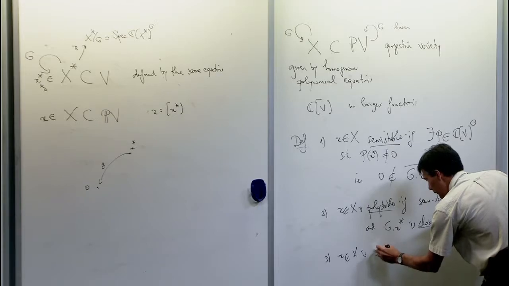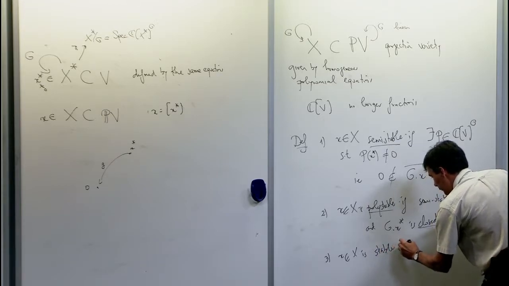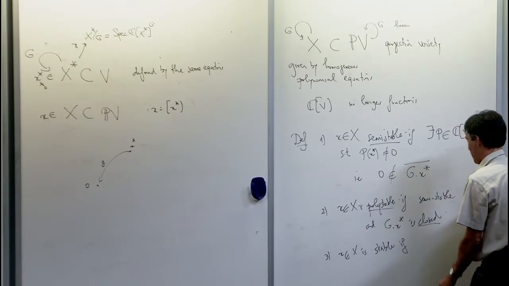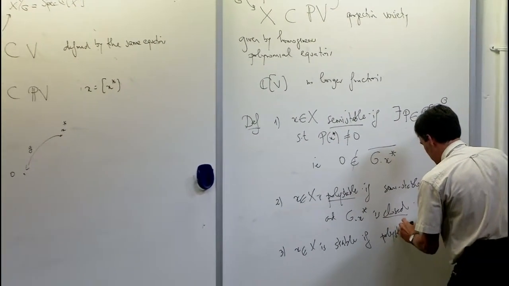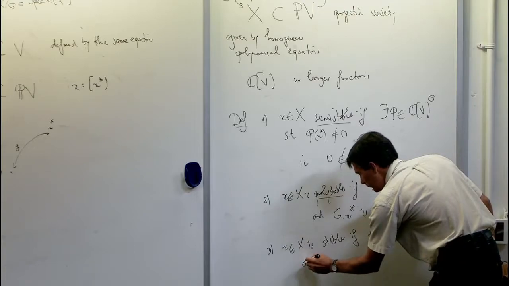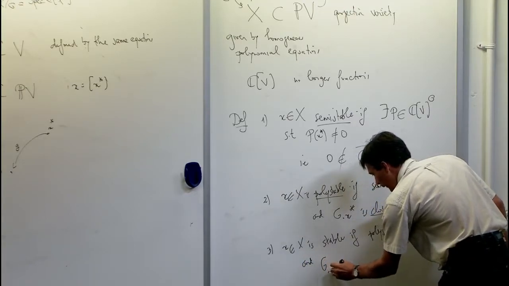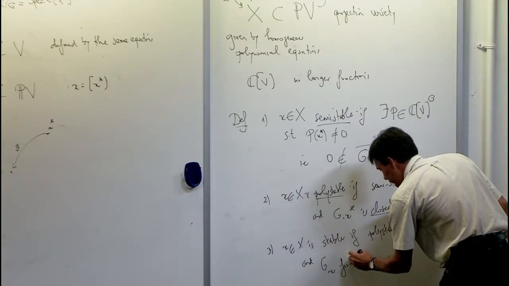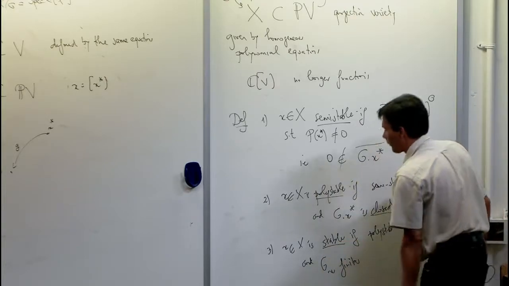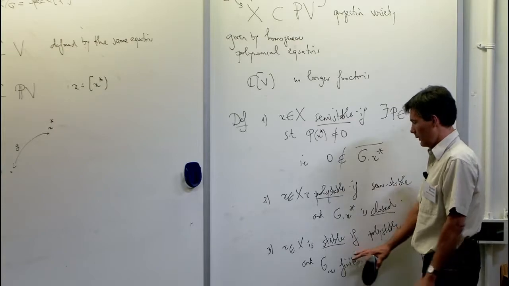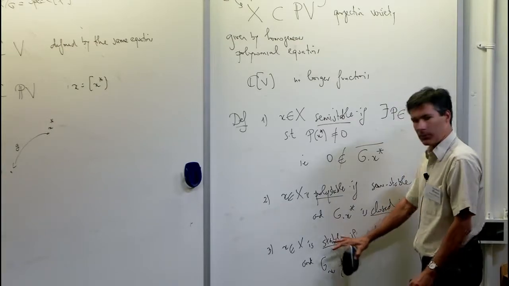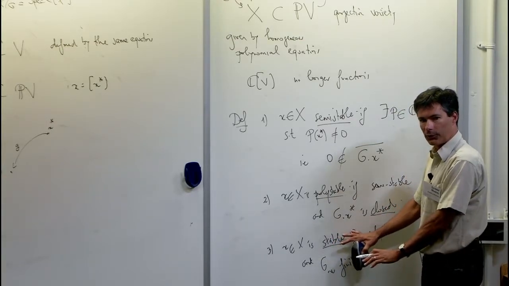The point is stable if it is polystable and the stabilizer is finite. Most texts about GIT will focus on this notion of stability.